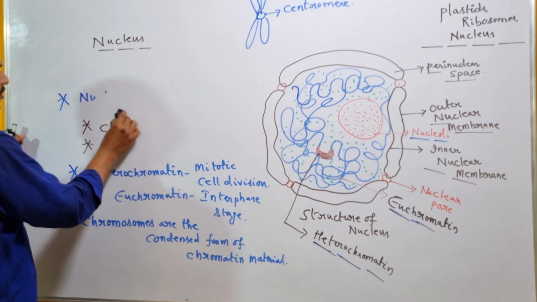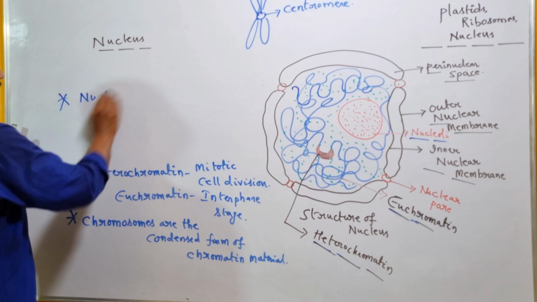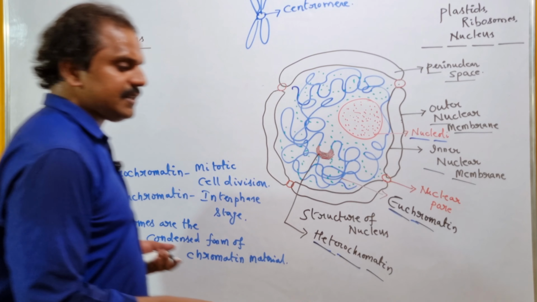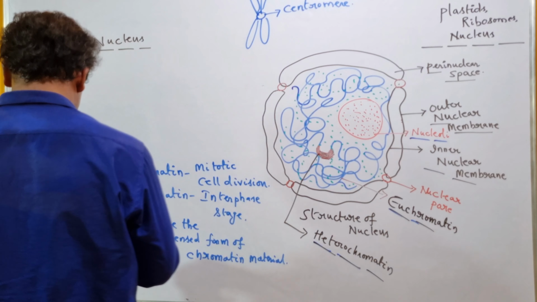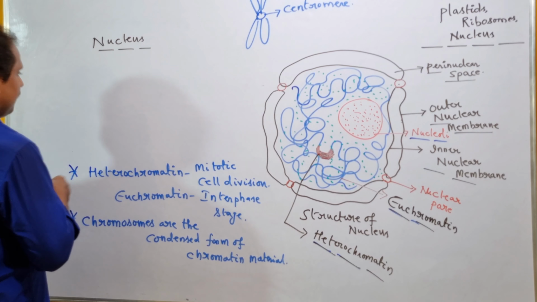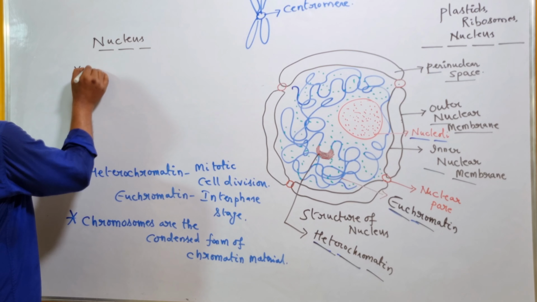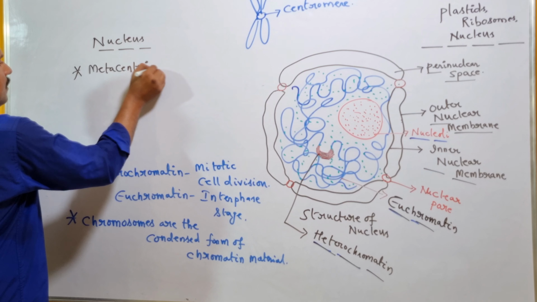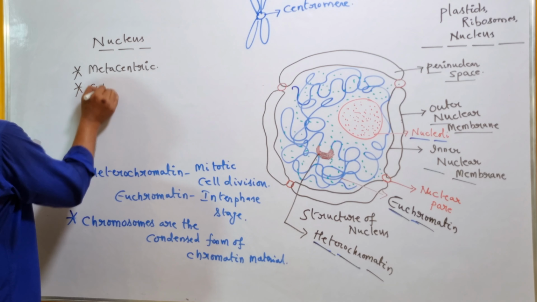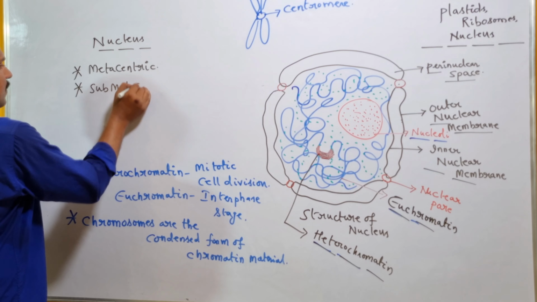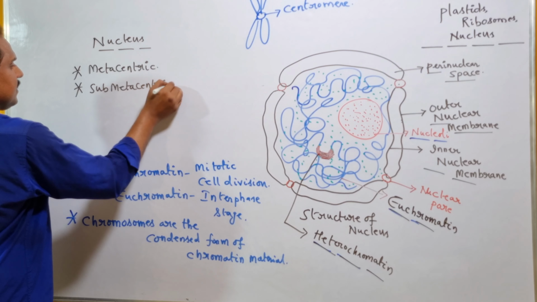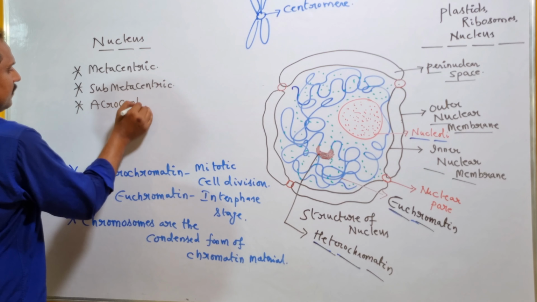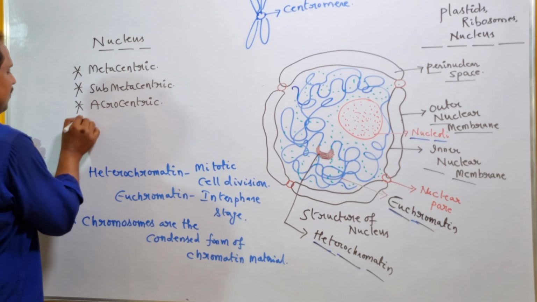Basing on the position of the centromere, we can classify the specific chromosomes into 4 different types, and these include metacentric, submetacentric, and the other one is acrocentric, and the last one is telocentric.